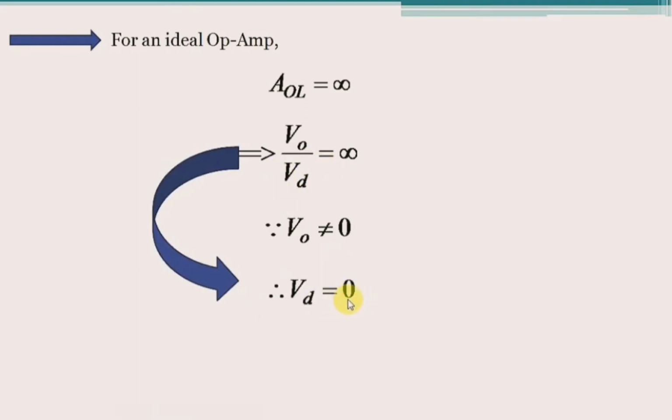If Vd is 0, then V0 by 0, a non-zero value divided by 0, is equal to infinite. From this we obtain that the differential voltage is 0. This differential voltage is the difference of the non-inverting and inverting node voltages, so Vd equals V1 minus V2 equals 0, which implies V1 and V2 are the same.